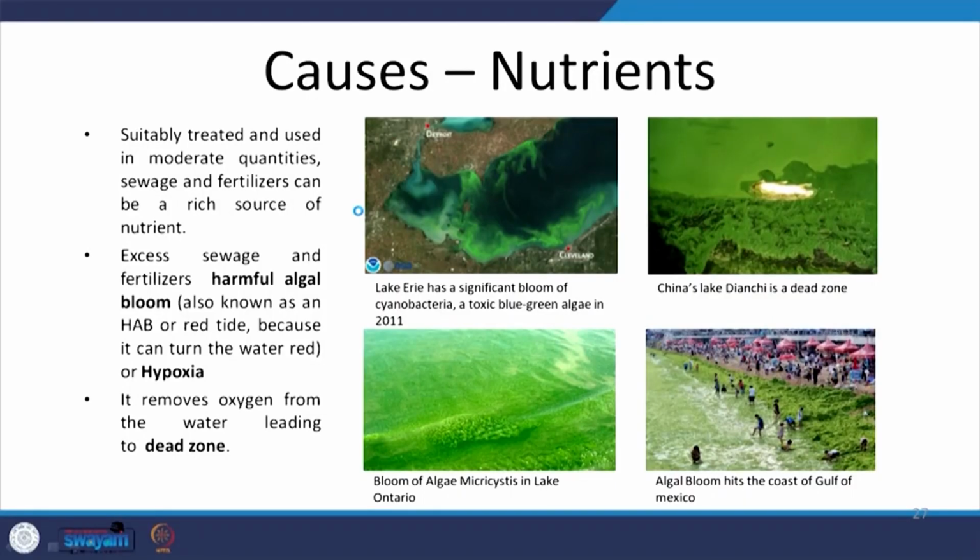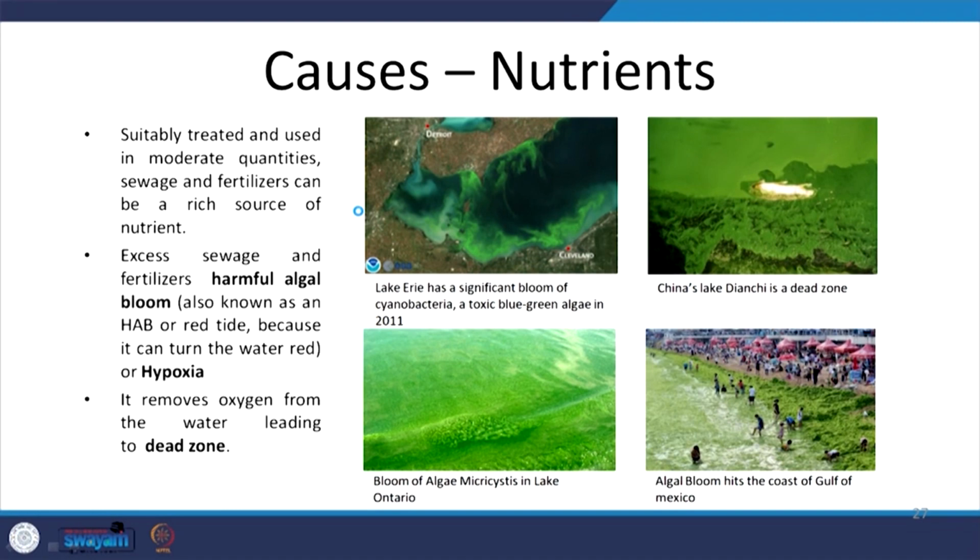Another cause is washing away of excessive nutrients which are being used in our farmlands these days. This excessive washing away of nutrients causes alien invaders to enter into the system and eat up all the oxygen of the water body and turn it into a hypoxic system.